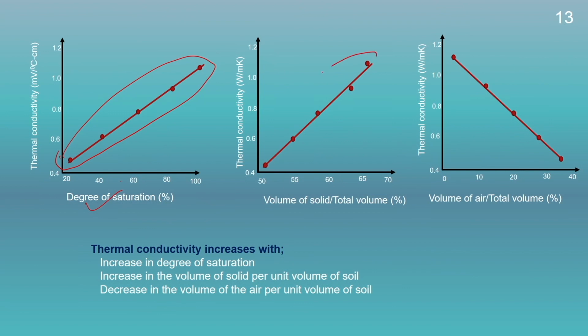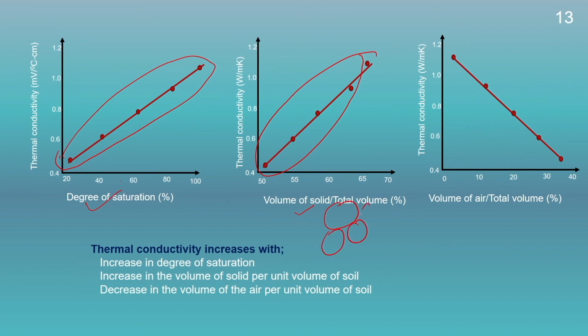This plot shows the relationship between the thermal conductivity and the volume of solid to total volume of soil. We could see with increase in the volume of solid, the thermal conductivity is increasing. As I told you earlier, as the total volume of solid is increased, the point of contact between the solid particles will also increase, and the heat will get transferred from one point to another through many points of contact.